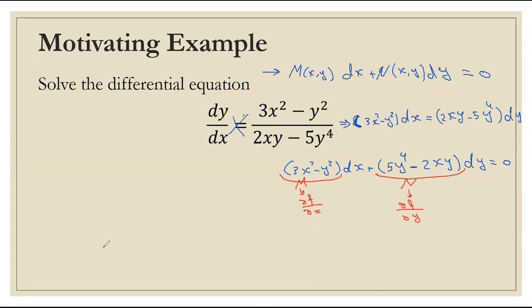Can any one of you guess the function f of x and y such that if you differentiate it partially with respect to x, you will get this, and if you differentiate f partially with respect to y, you will get N?